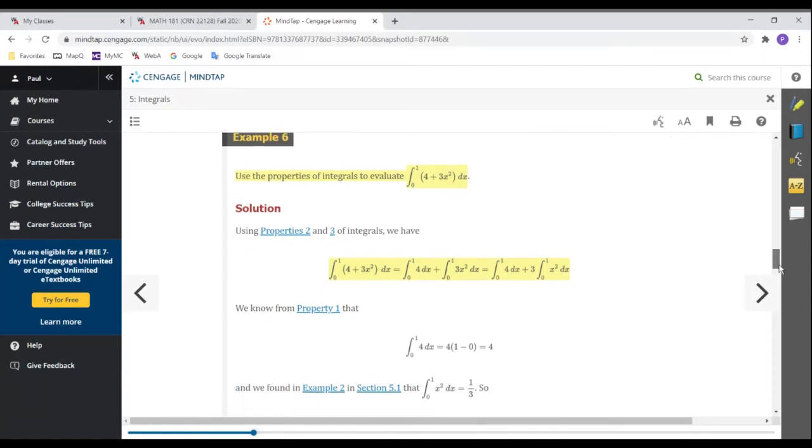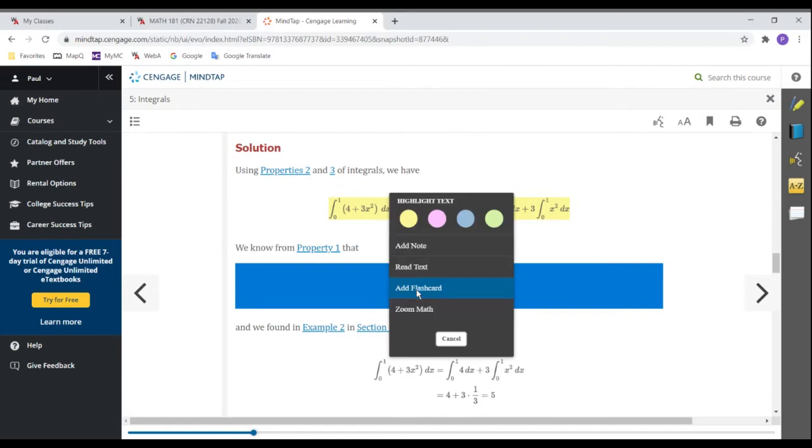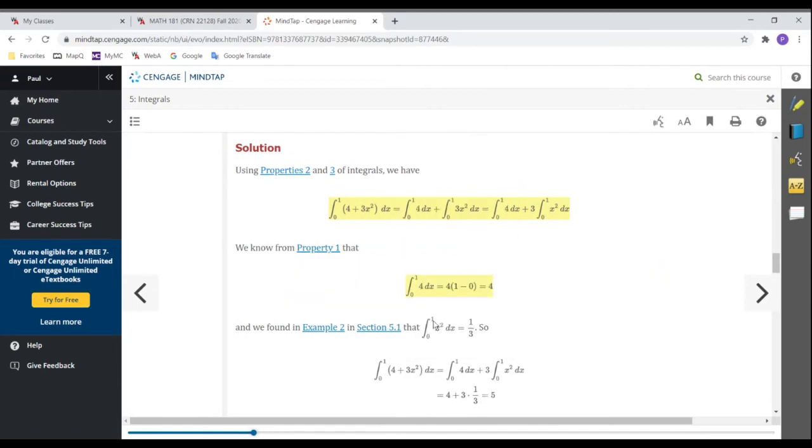And so now the integral from 0 to 1 of 4 dx, they use property 1. That's just going to be the area of the rectangle that has height 4 and base width 1. So that's 4 times 1 minus 0, that equals 4. And then in example 2, in section 5.1, we showed it for, I believe, the integral of 3x squared dx, but the concept's the same.